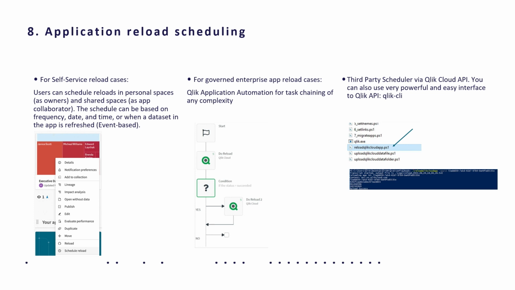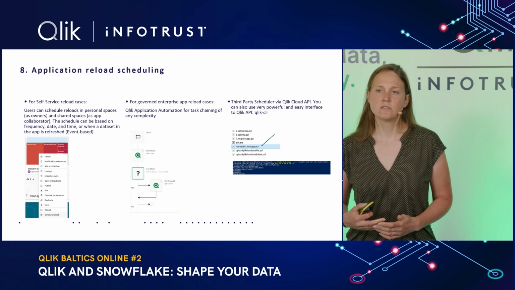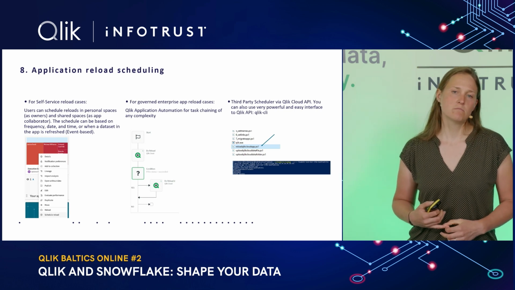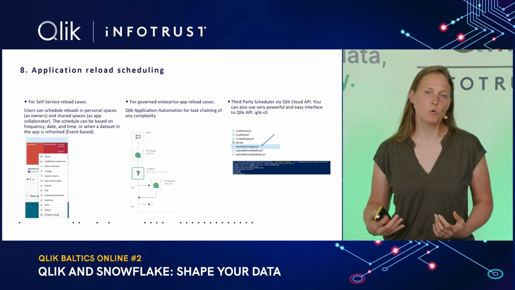Another case, which is more common, is governed enterprise application reload. In this case, Qlik Cloud has Qlik application automation, which can be used for task chaining of different complexity. It can be simple and complex at the same time. In general, Qlik application automation provides a no-code visual interface that helps you easily build automated analytics and data workflows.